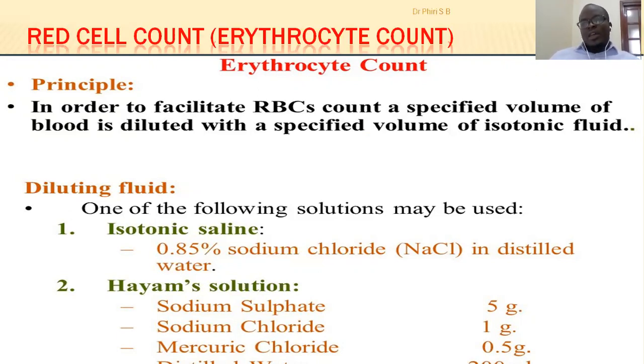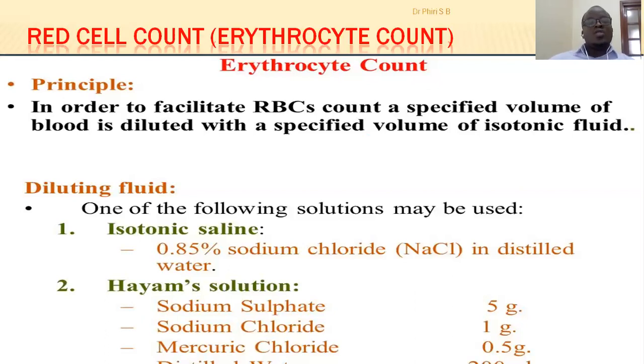After diluting them, it means you space them. Once they are spaced, suspended in that dilution fluid, then you'll be able to count them under the microscope. Then you just take advantage of the dilution factor that you used to come up with the actual concentration once you finish counting the cells. So it's that simple. There are two different types of fluid that you can use.